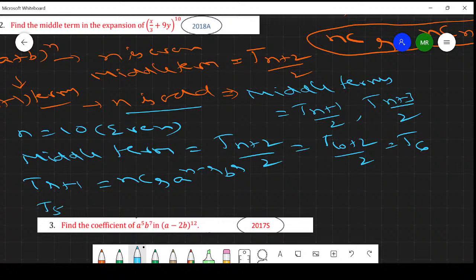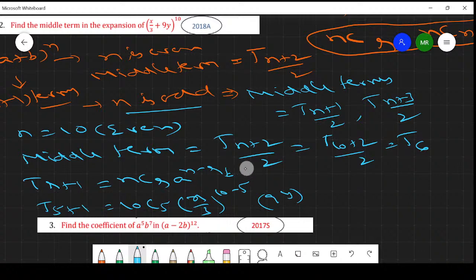If you take r is equal to 5, T of 5 plus 1, with n value 10, the index of the binomial, gives 10C5. You see T of 5 plus 1 is T6, so r is equal to 5. Sir, why have you taken r equal to 5? To get 6, because I want T6. T6 means replace r with 5. So T of 5 plus 1 equals 10C5, a means x by 3 whole power n minus r, that is 10 minus 5, and b means 9y whole power r, always remember the general term has b power r.